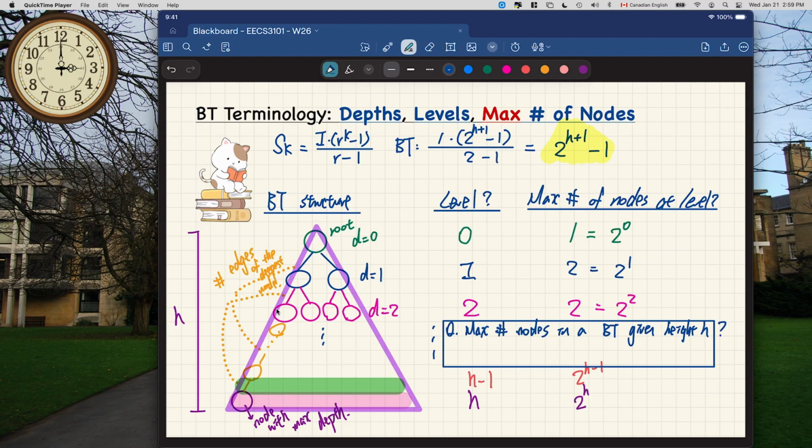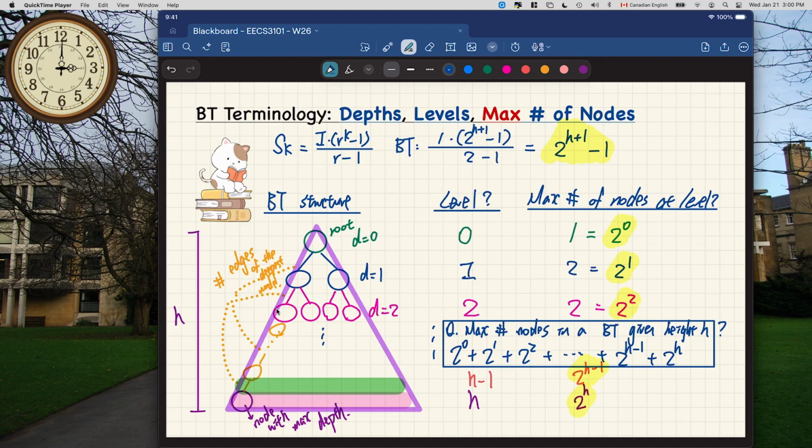Okay, so we basically sum up these numbers. 2 to the 0, 2 to the 1, 2 to the 2, and then 2 to the h minus 1, 2 to the h, right? Sum them up. It's apparently a geometric sequence with the common factor 2, right? So 2 to the 0 plus 2 to the 1 plus 2 to the 2 plus all the way to 2 to the h minus 1 plus 2 to the h, right?